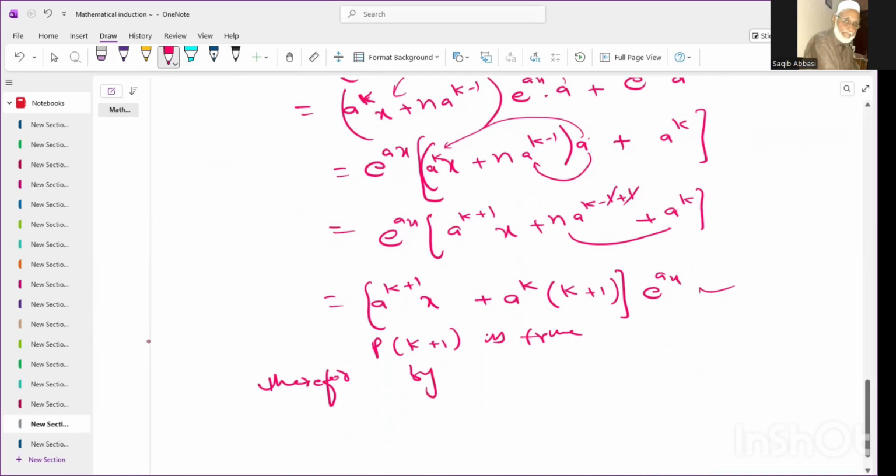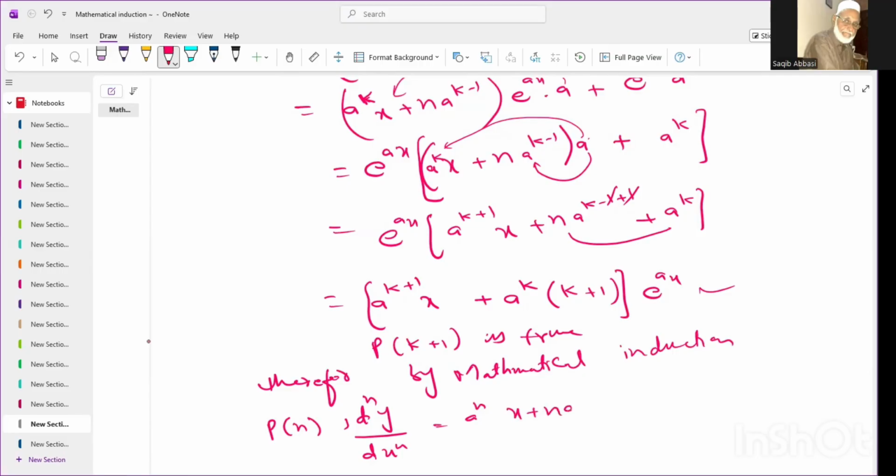Therefore, by mathematical induction, P(n): d^n y/dx^n equals (a^n x plus n a^(n-1)) e^(ax) is true for all positive integers. That's all. This is our complete question.